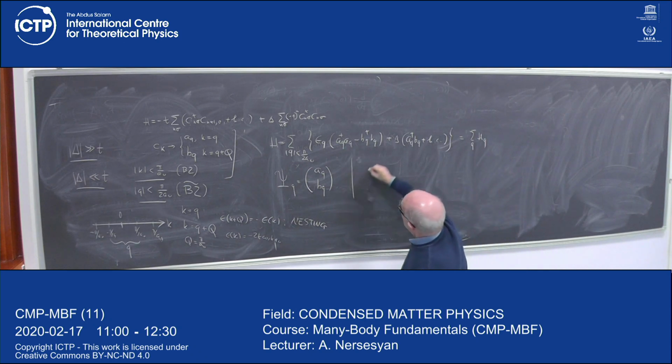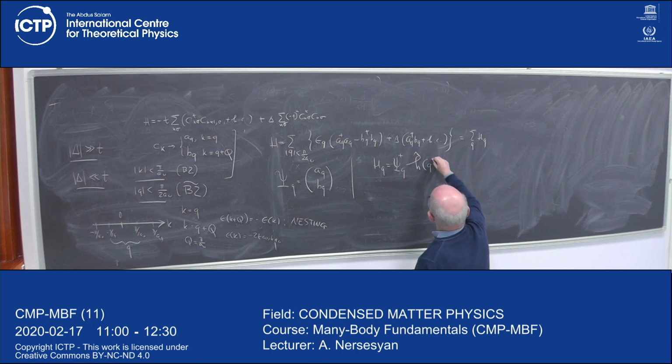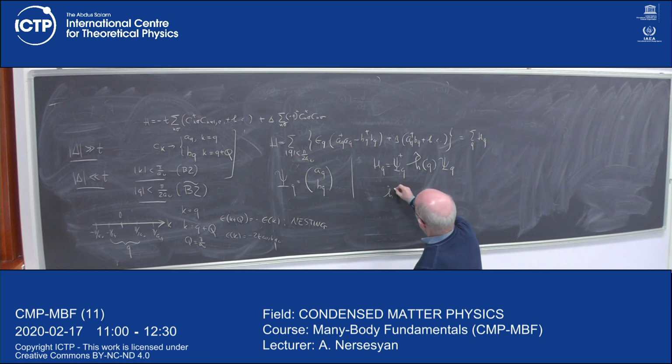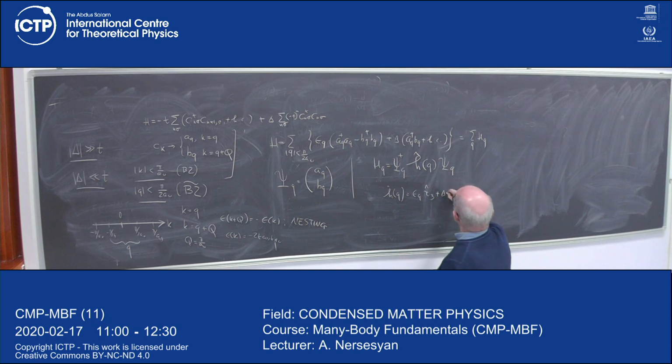And this partial Hamiltonian H_Q is psi of Q dagger, the 2 by 2 matrix H of Q, psi of Q. As follows from this structure, this matrix has the form epsilon q times tau 3 plus delta times tau 1, and has the form epsilon q, minus epsilon q, delta, delta.